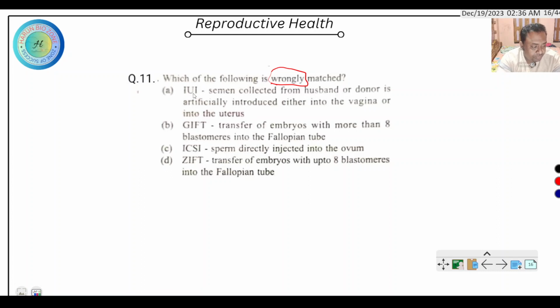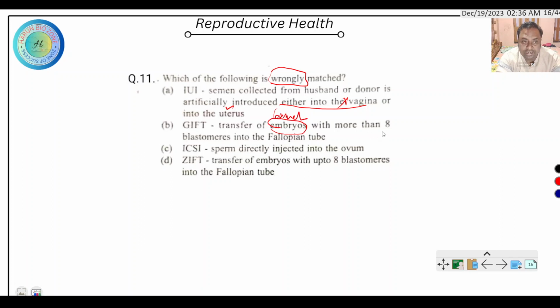Here the main function is not the vagina but the uterus. GIFT, transfer of embryos. GIFT means gamete, so not embryos. This is gamete transfer. This is also a wrong answer.